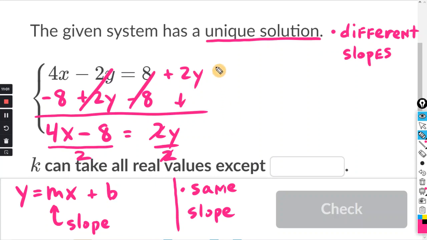So basically, we have y equals, and remember each of these is divided by 2. So we have 4x divided by 2, which is 2x, and negative 8 divided by 2 is negative 4. So the slope is right there. That's your slope m, and that equals 2.